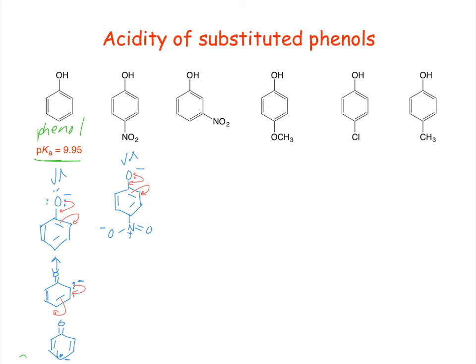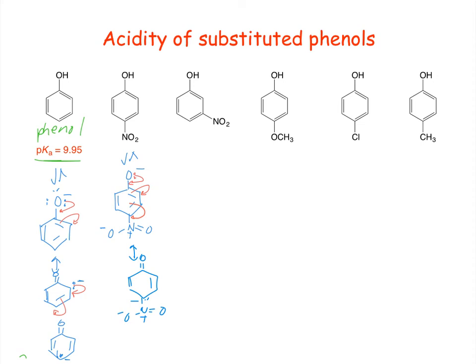I'm going to do this in two steps. I'm going to bump that one there, and then I'm going to bump this one right over to here. And I'm going to draw this resonance form. And right now we have a non-bonding pair and a minus charge on this carbon right next to the nitro group.